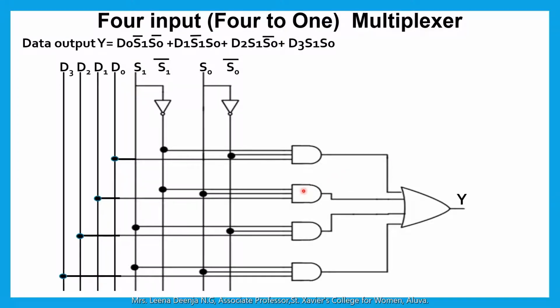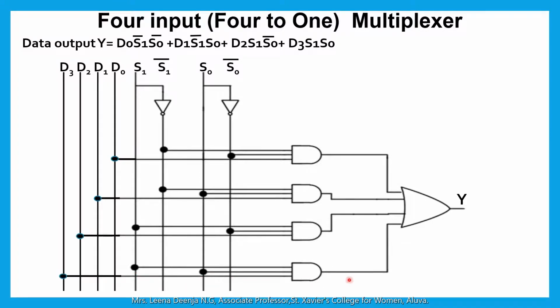For the second AND gate the inputs are D1, then S1 bar and this S0. So here we get D1 S1 bar S0. And for the third AND gate, inputs are D2 S1 and S0 bar. So the output is D2 S1 S0 bar. For the fourth AND gate, inputs are D3 S1 and S0.